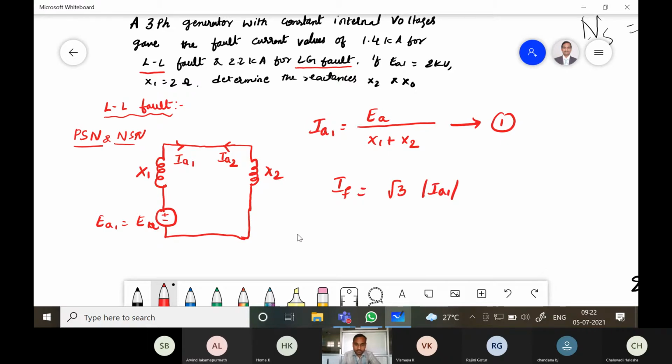And the fault current is given in the problem. The fault current for LL fault is 1.4 kiloampere. So the magnitude of IF is equal to 1.4 kiloampere, which is 1400 ampere.